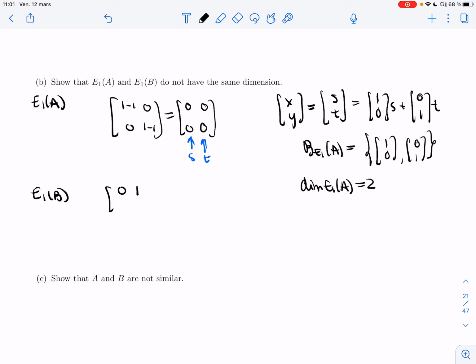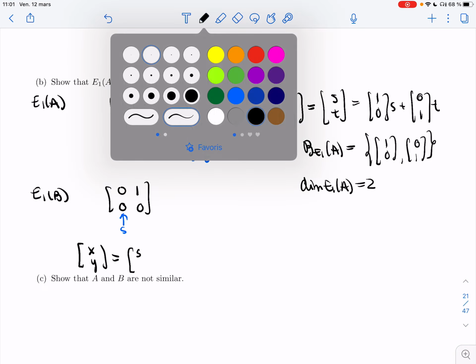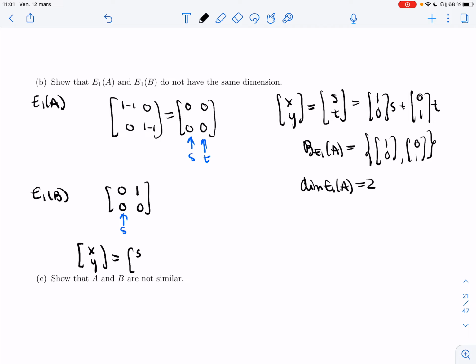I want to do the same thing for E1 of B. In that case, I'll get 0, 1, 0, 0. I only have one free variable, so already you see X is free. Sorry, what did I do? No, this one is free. I'm so used to putting the second one free. So X is S and Y, the second equation, Y is 0.